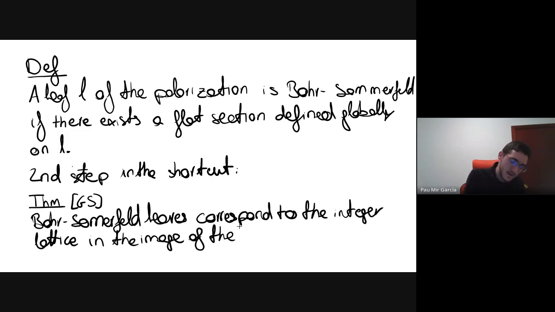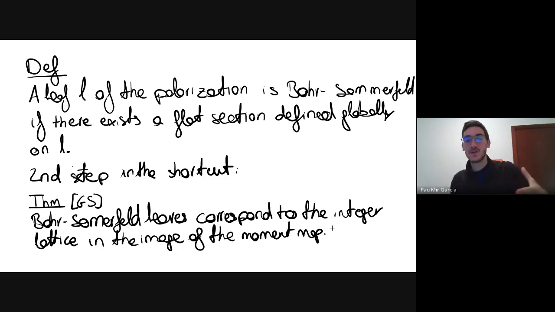And this is the way to find the quantization, because now this is easy. You can go to the moment map and compute the points which have an integer image, so which have an image that belongs to the integer lattice.